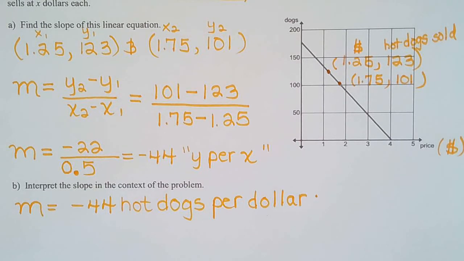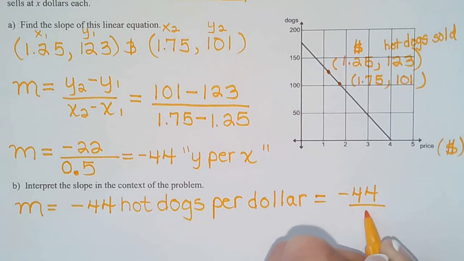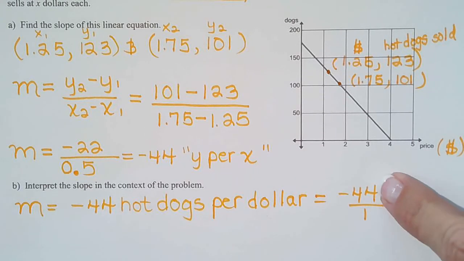So think about what that means. Negative 44 hot dogs per dollar. So the bottom number is positive, so it's saying negative 44 hot dogs per $1.